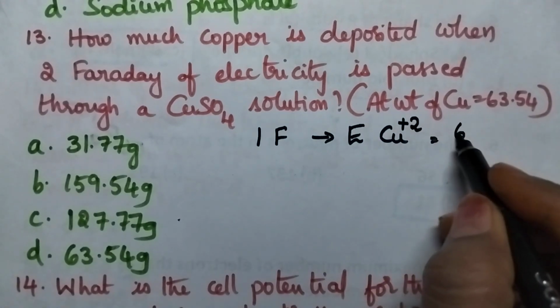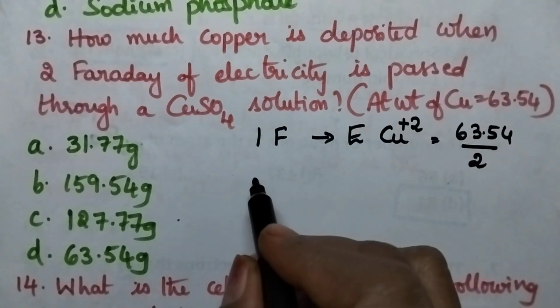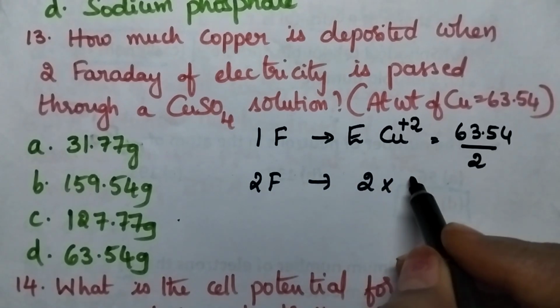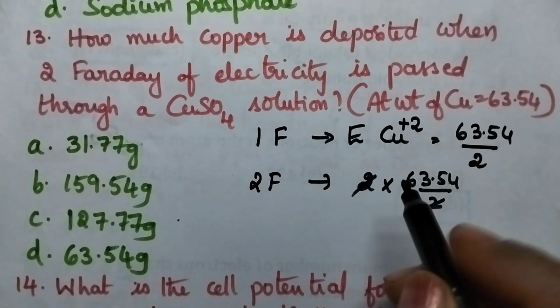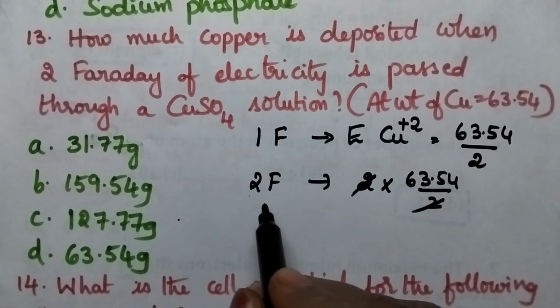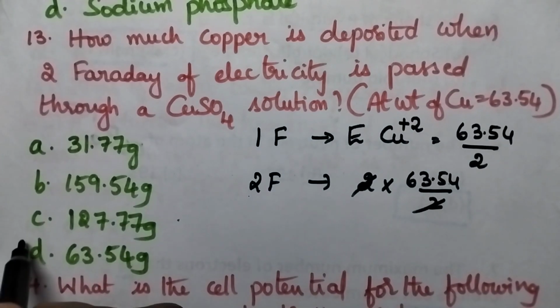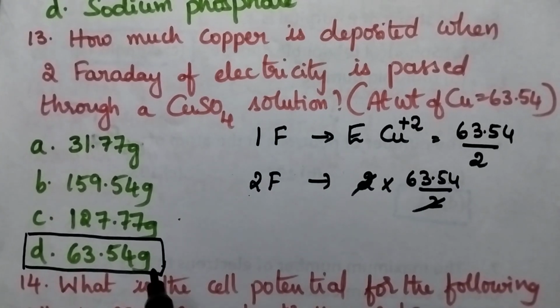So it is equal to atomic weight by 2. When 2 Faradays of current is passed, then 2 into the equivalent weight of copper will be deposited. So the amount of copper deposited when 2 Faradays of current is passed is exactly 63.54 grams. So option D is the right answer.